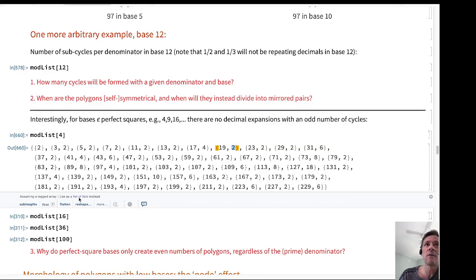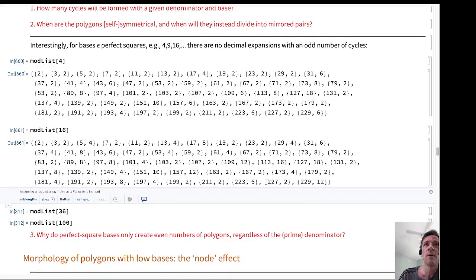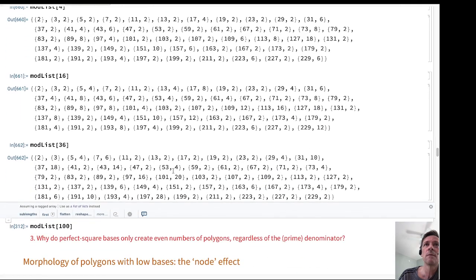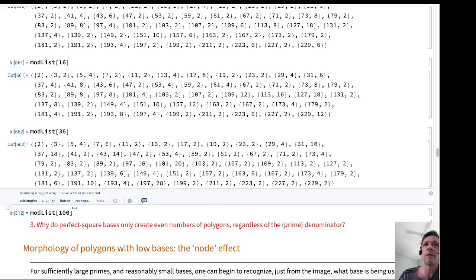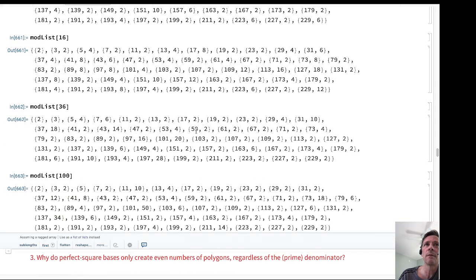4, 9, 16. Here's 16. The calculation is pretty fast. It's always an even number of polygons at the end. An even number of polygons are formed. 36. And here's base 100, which of course is 10 squared.